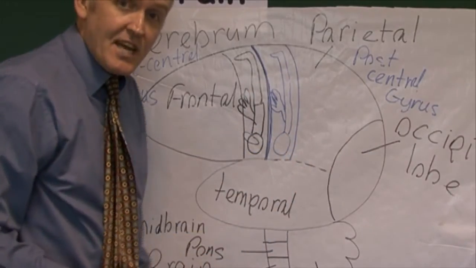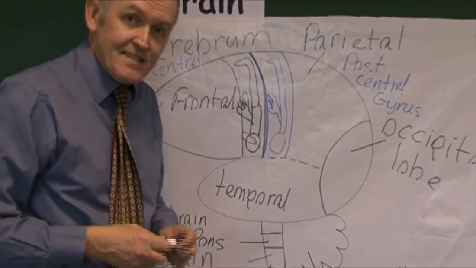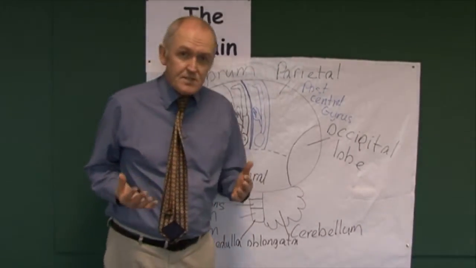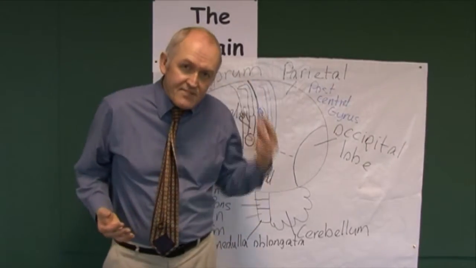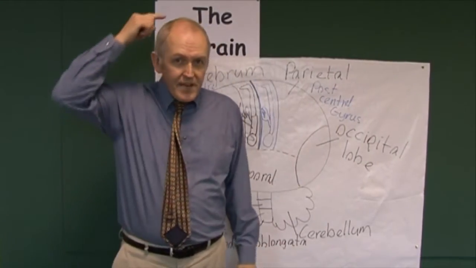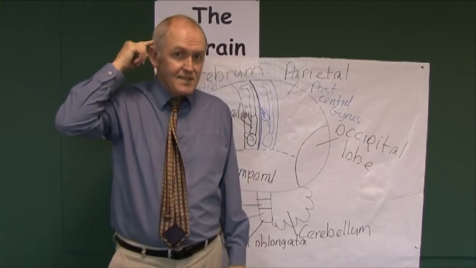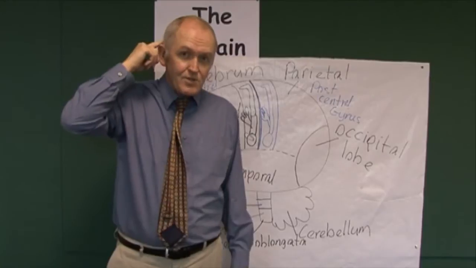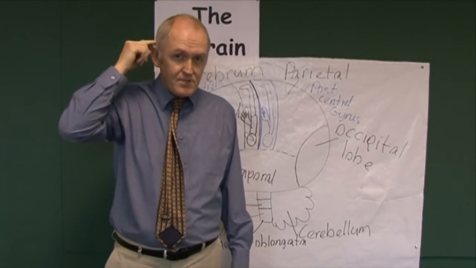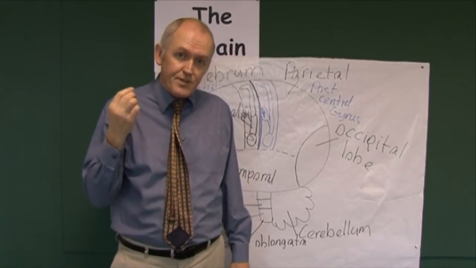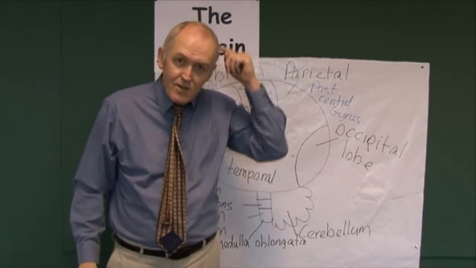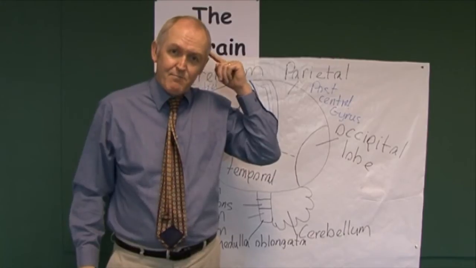So all sensation from the body is detected in this part of the brain. And of course the brain is in two hemispheres. So everything I'm feeling with the left hand side of my body, I'm feeling with my right sensory cortex in the parietal lobe, in my right parietal lobe. Everything I'm feeling with the right hand side of my body, I'm feeling that in my sensory cortex in my left parietal lobe.